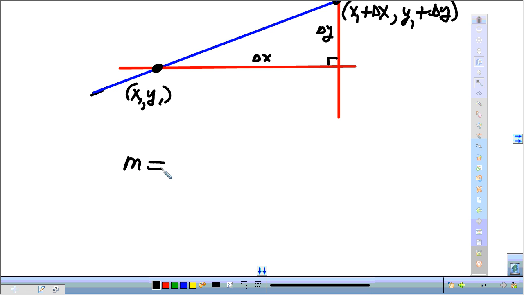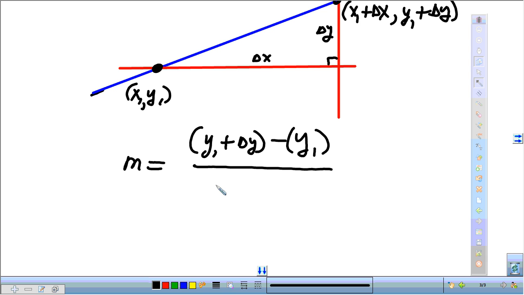So this slope I could write as a difference between y1 plus the change and the y1, over the change in x.